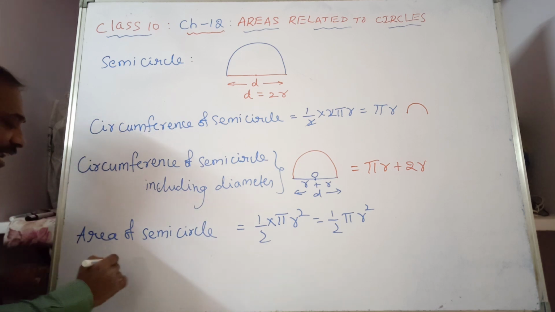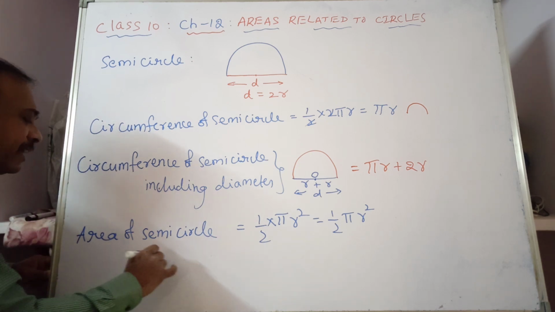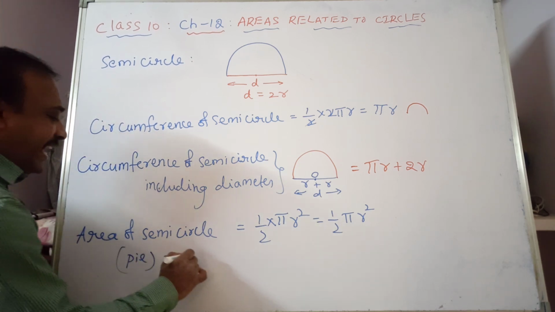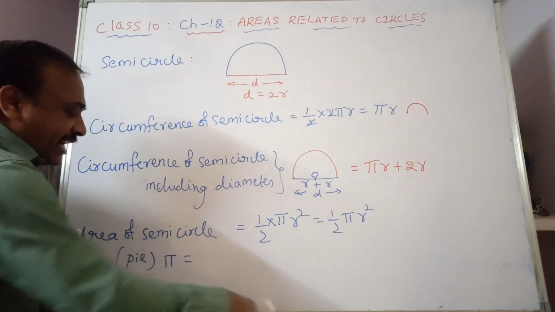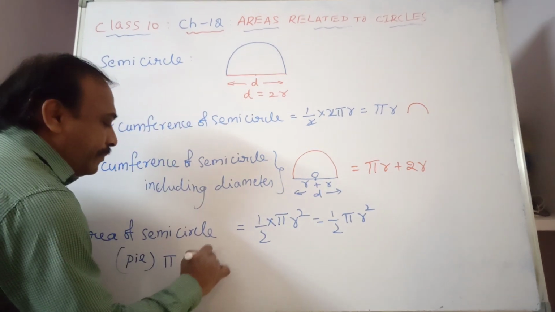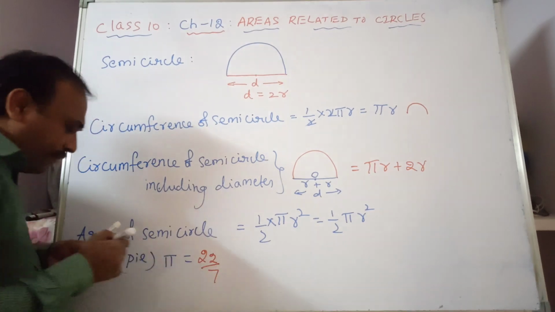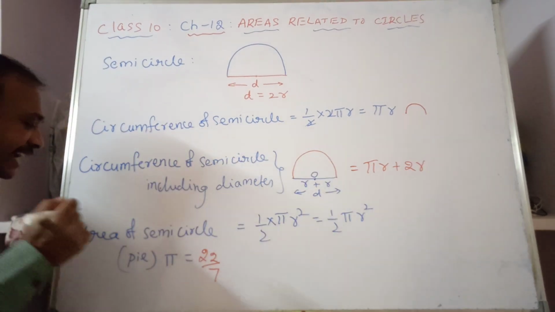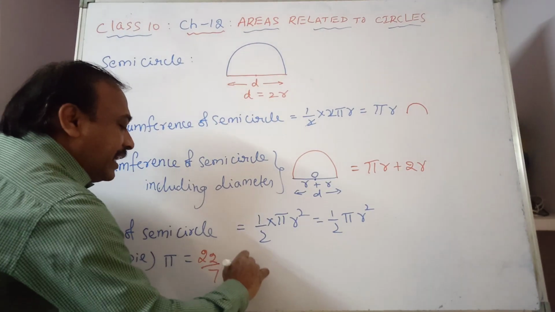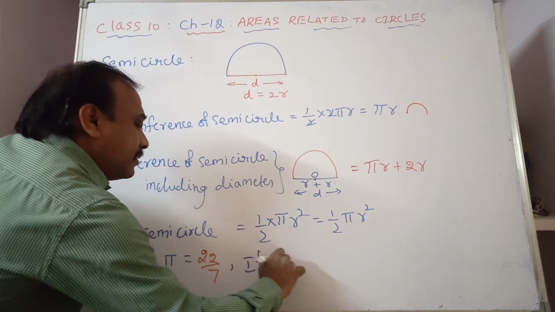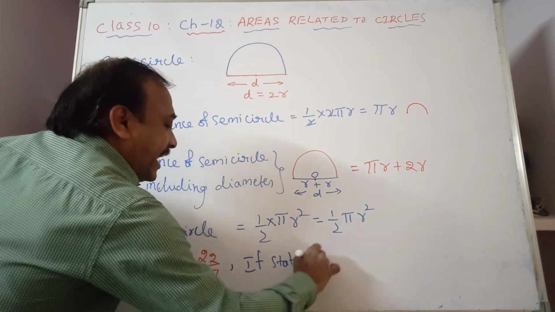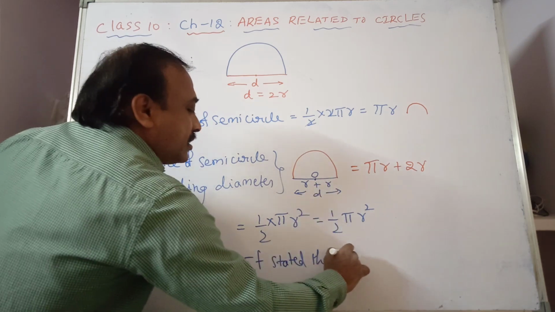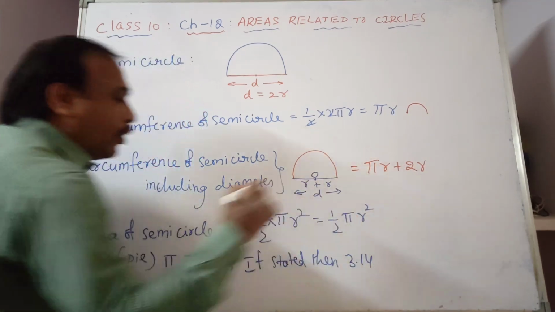Now here, the pi value we generally take is 22/7. If it is stated in the question, then we use 3.14.